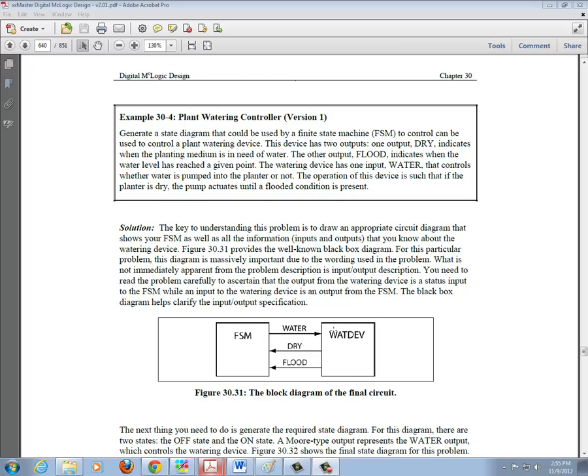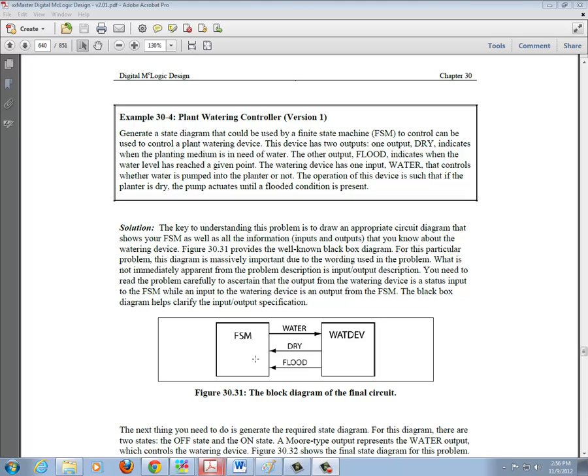And that goes to our watering device, and the watering device feeds back two inputs to the FSM, dry and flood. Dry is coming probably from a sensor that's sensing that this plant is dry, so it sends a signal to the FSM, and flood is that signal sensing that the water has been filled to the appropriate level and telling the FSM, okay, stop giving me water.